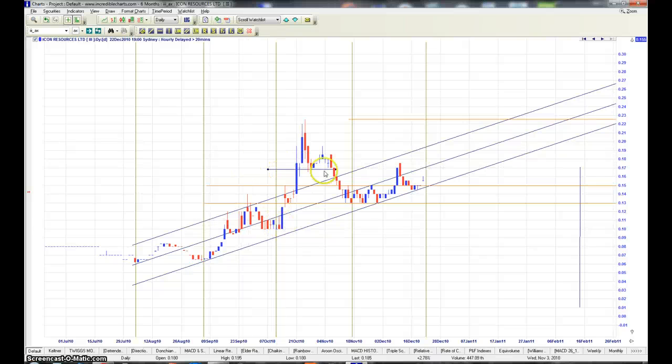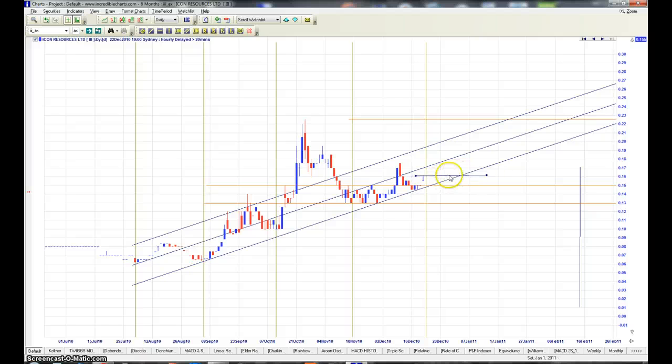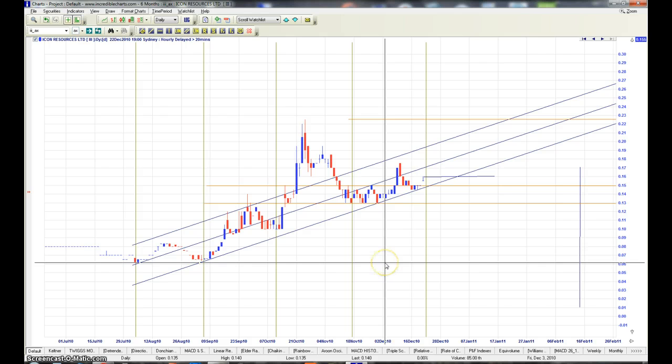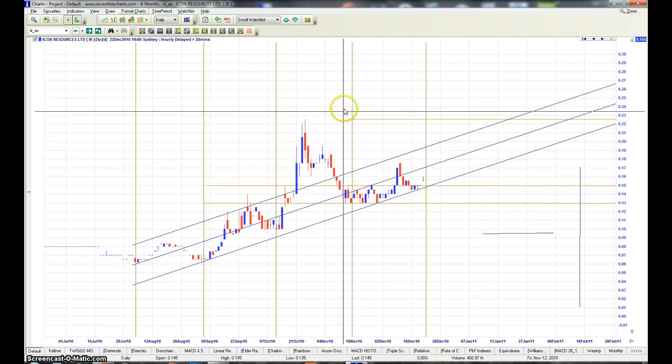Then we've had this period where we've had a violent up and violent back down, and then we've come into this period of consolidation here, and I'm suggesting that we're coming to the end. Maybe we're coming to another change in the price action. But these are very highly subjective.